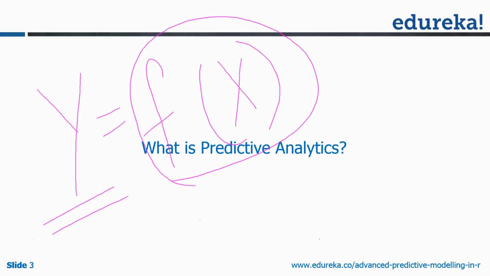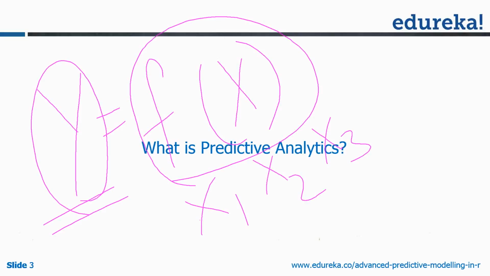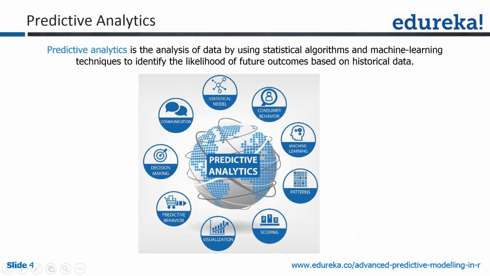If you want to know the price of the used car, it depends on the miles driven, the make of the car, variant of the car, whether it's petrol, diesel, CNG, LPG, things like that, and multiple other factors. So this would be the most important equation when it comes to predictive analytics: Y is equal to f of x. So let us move on and try to understand a few more things about predictive analytics.